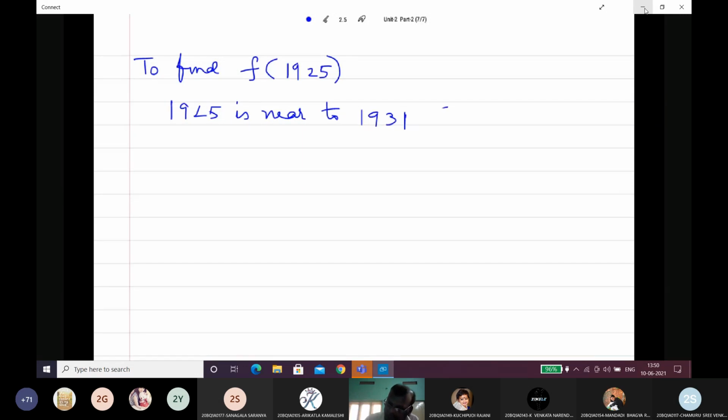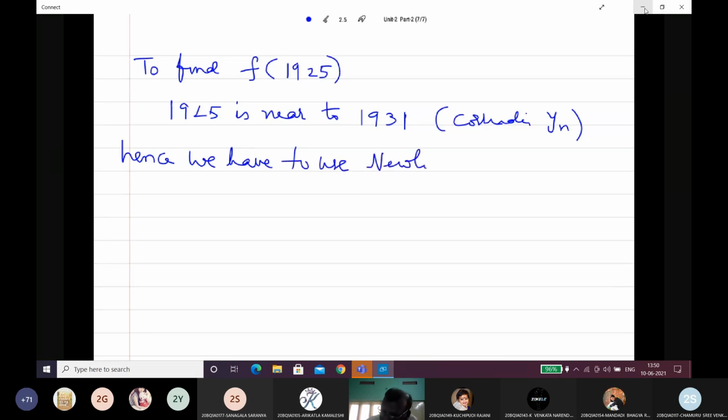Corresponding yn values. So hence we have to use Newton's backward interpolation formula.